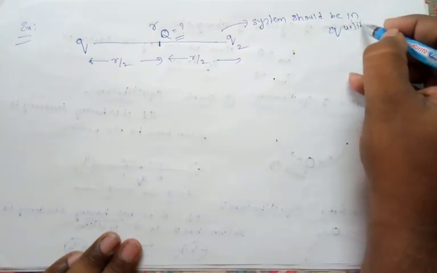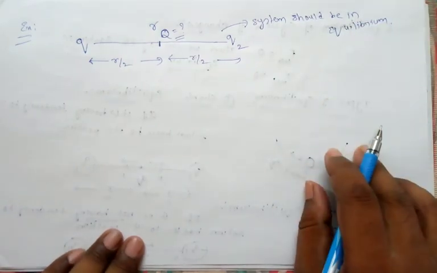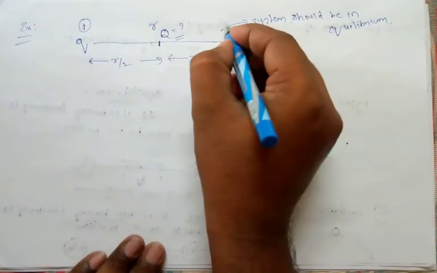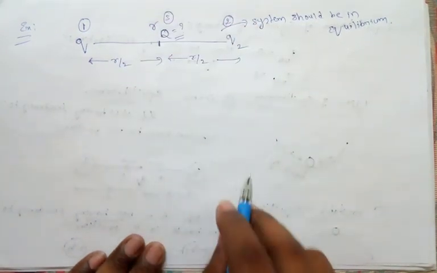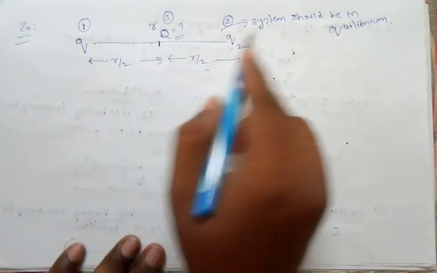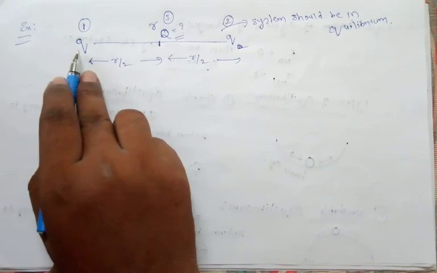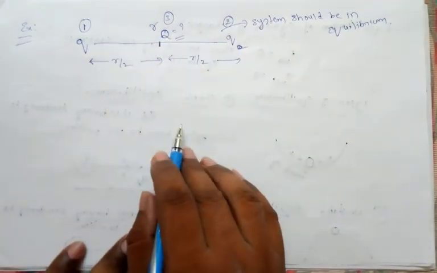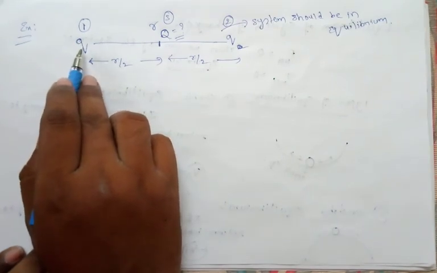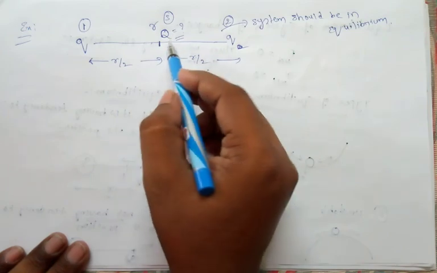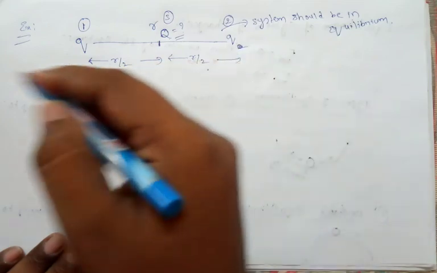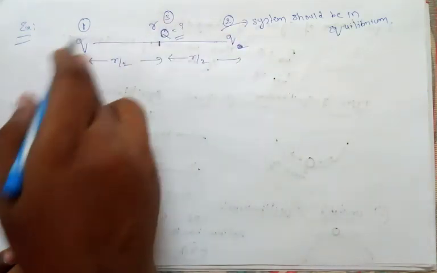So equilibrium, that is also important, you have to understand clearly. System equilibrium means this is 1, 2, and 3. Anyhow, this is equilibrium, so those we will not discuss. System equilibrium means not only this one, but this charge or this charge also should be in equilibrium. You should understand that the force experienced by this charge q due to the remaining charges, capital Q as well as the other q, if it is 0, then we can say the system is in equilibrium.